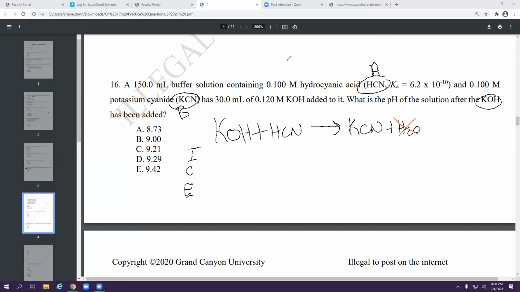Now, here's an issue with this. If you notice something, the buffer is in a different concentration and a different volume than my base. Do you guys see that?